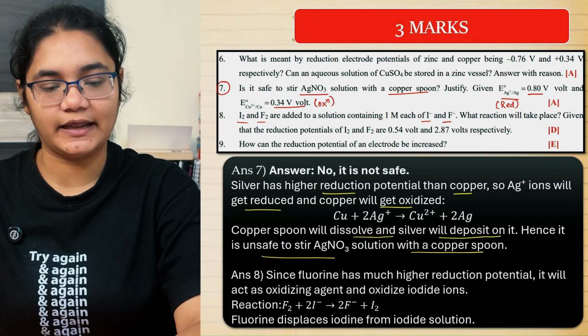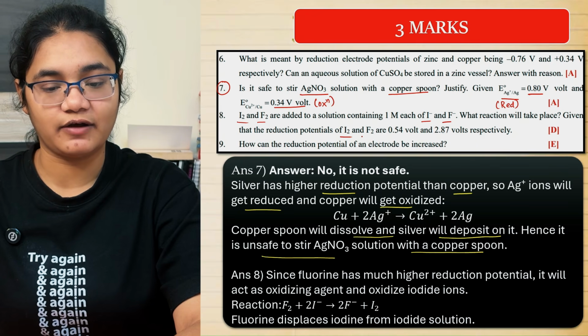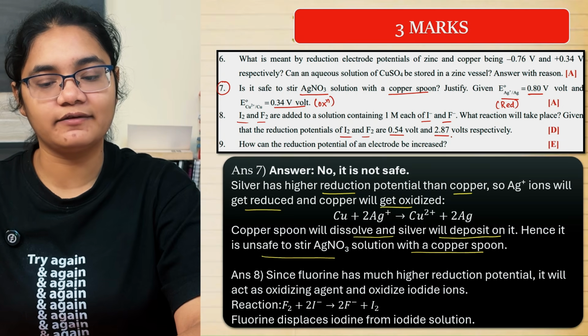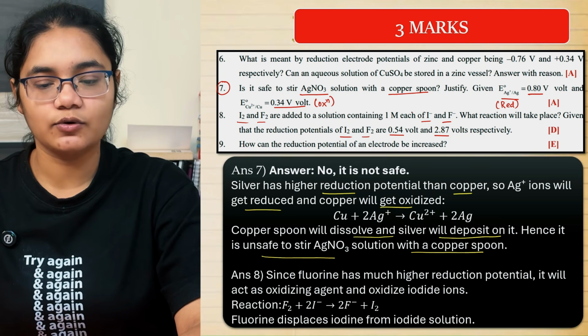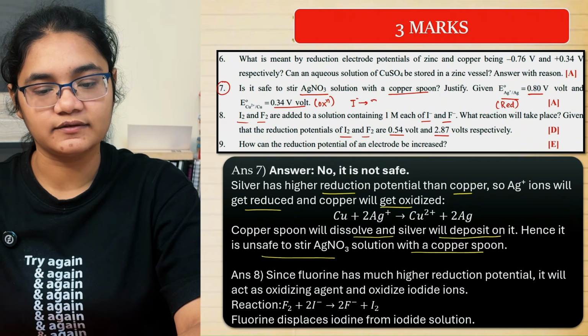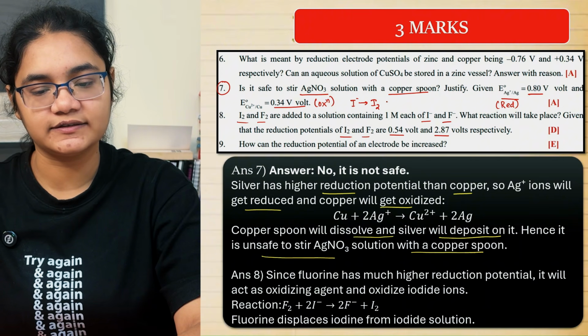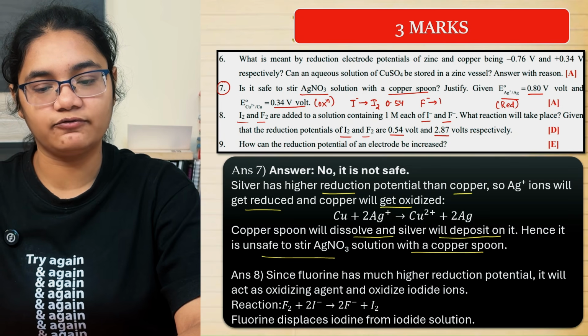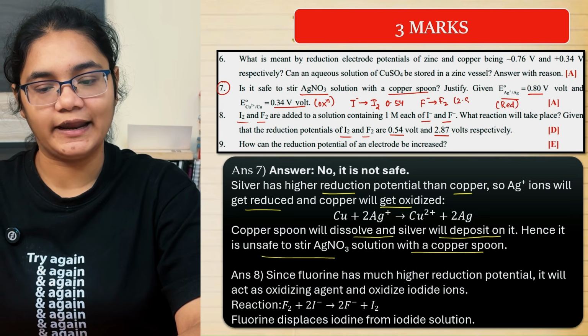What reaction will take place given that the reduction potentials of I2 and F2 are 0.54 volt and 2.87 volt respectively? Okay. So I minus to I2, the value is 0.54, okay, and F minus to F2, the value is 2.87 volt.